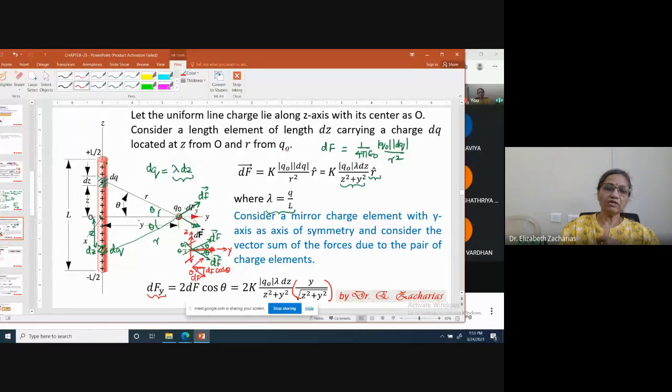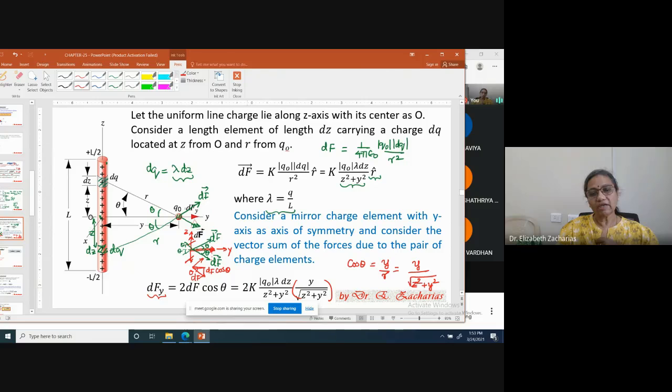So what will be cos theta? From the triangle, cos theta will be y by r, or y by under root of (z square plus y square). Clear?